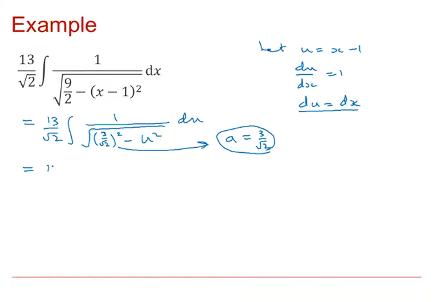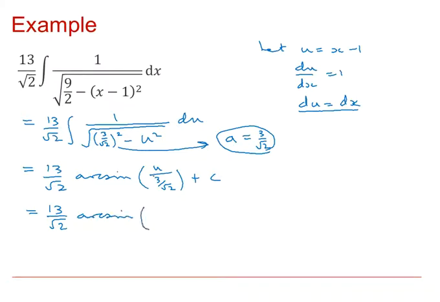So now when we apply the standard result, we get 1 over root 2 arc sine u over 3 over root 2 plus c. Don't forget we need to substitute back for x, and I'm going to tidy up this bracket. So I get 1 over root 2 arc sine, and instead of dividing by 3 over root 2, I'm going to multiply by 2 over root 3.